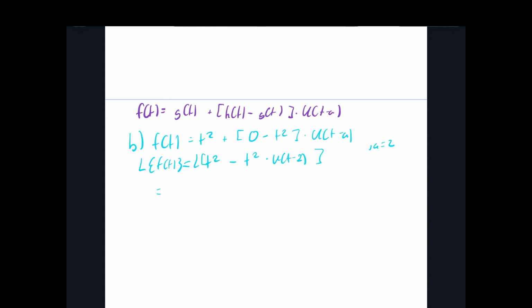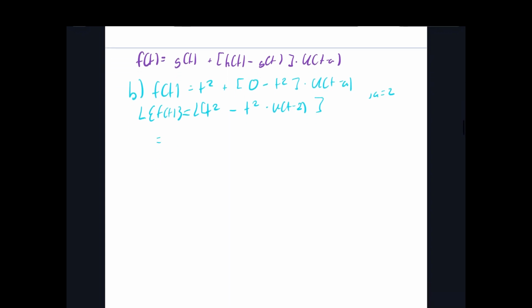And we have t squared. So what I'm going to get is n, so 2 over n s to the n plus 1, so cubed. And now I have t squared. So my f at s will still be 2 over s cubed, right?